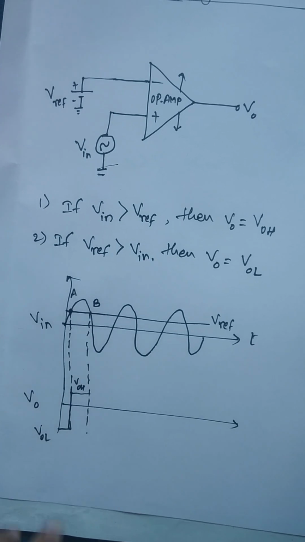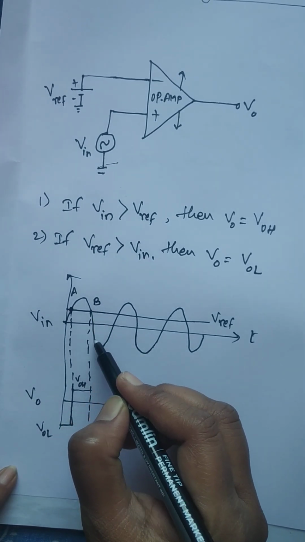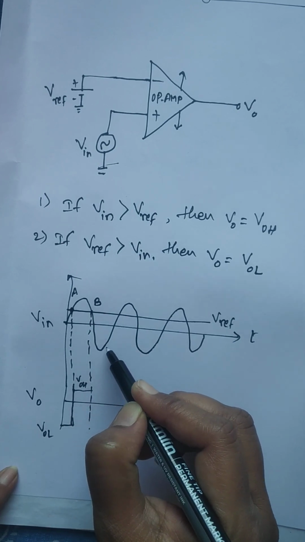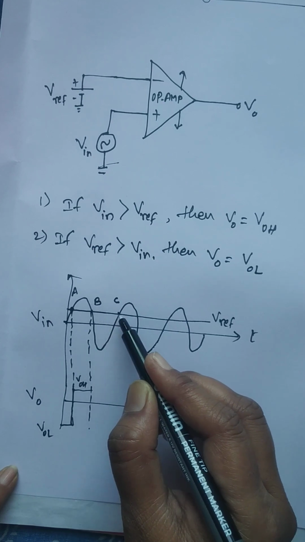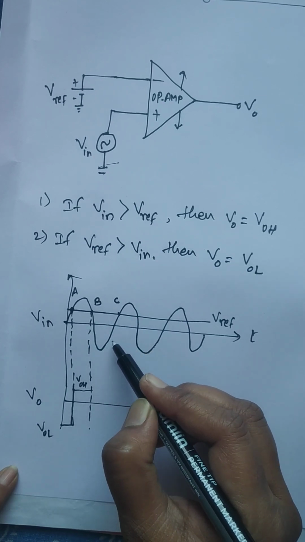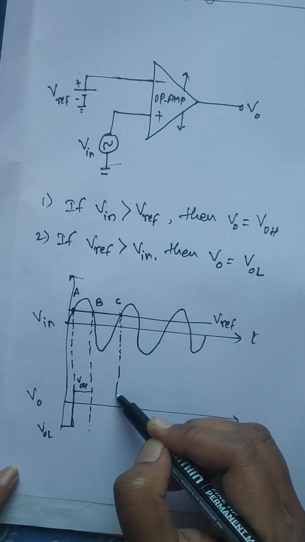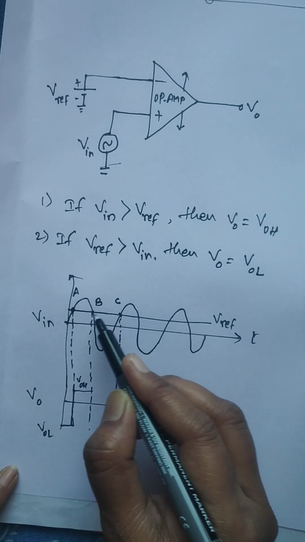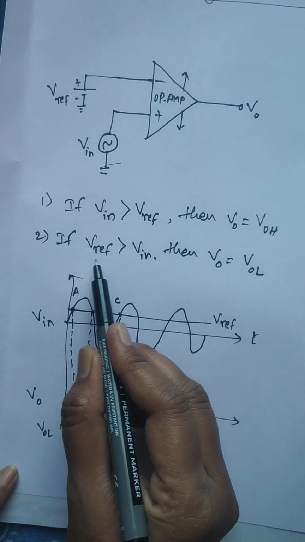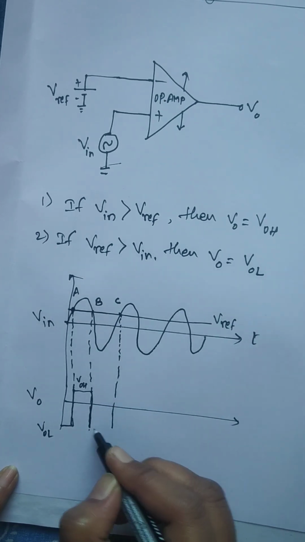So you can check for every point. So after point B, what is happening? V in is decreasing. So from point B to point C, you can see V reference is greater and V input is smaller. So if V reference is larger, V output is equal to VOL.